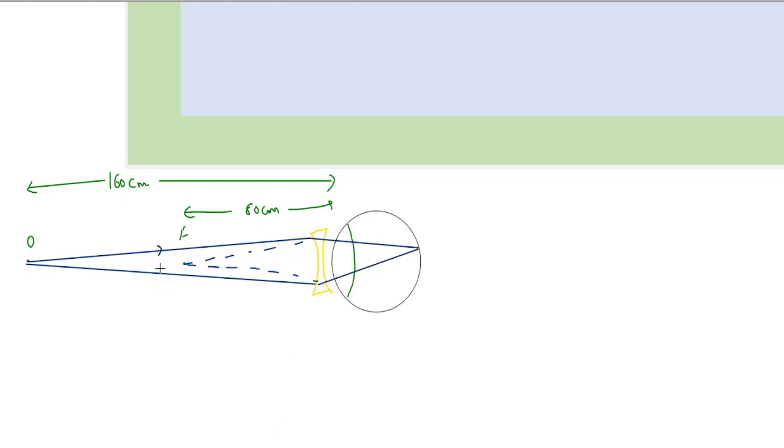So it works in two ways. In the first case, the corrective lens forms an image at the point F from where the eye can see it.